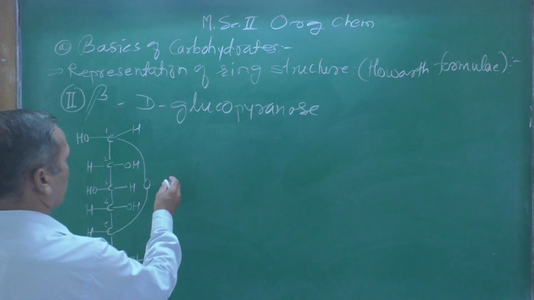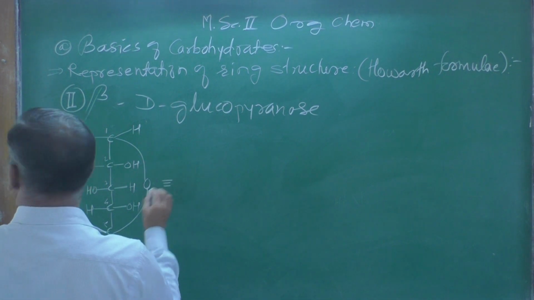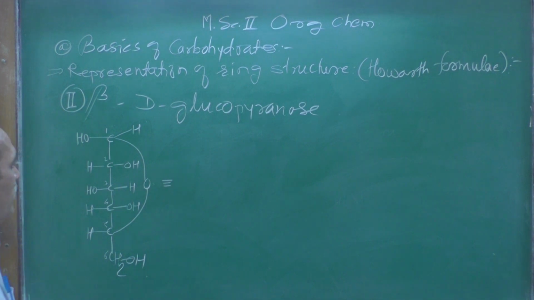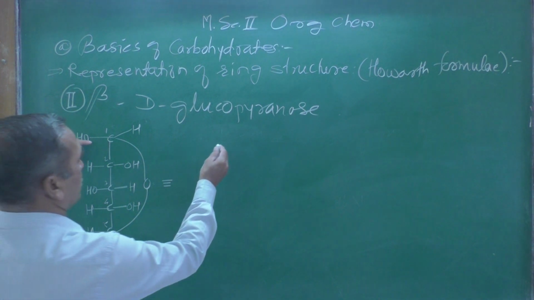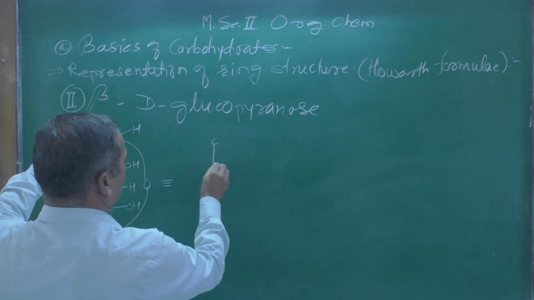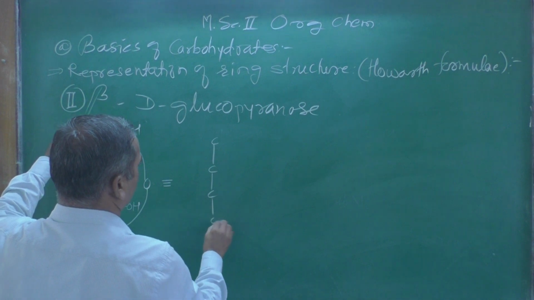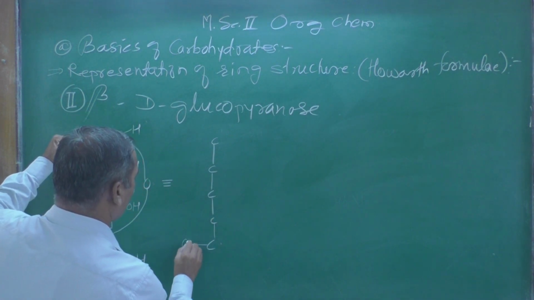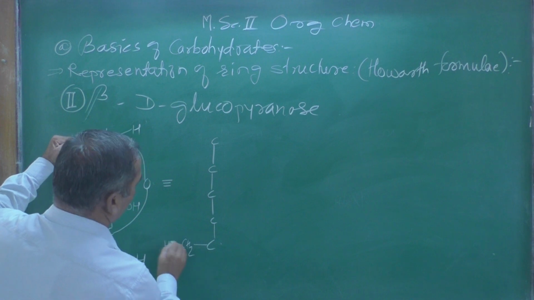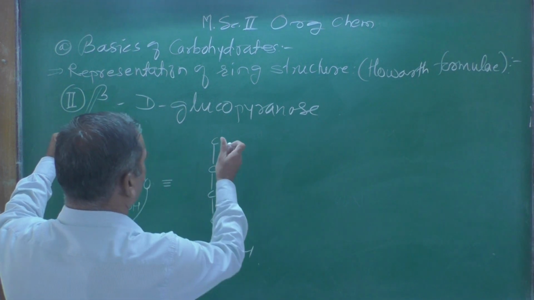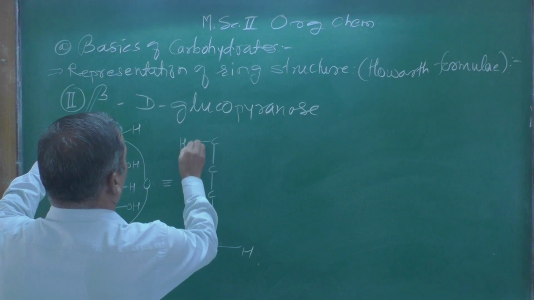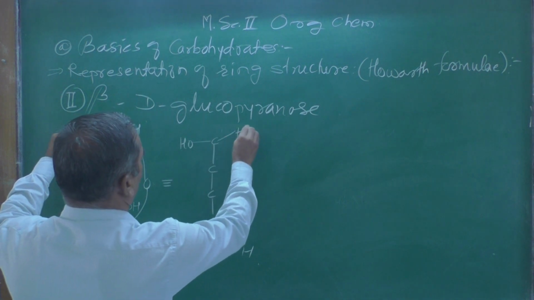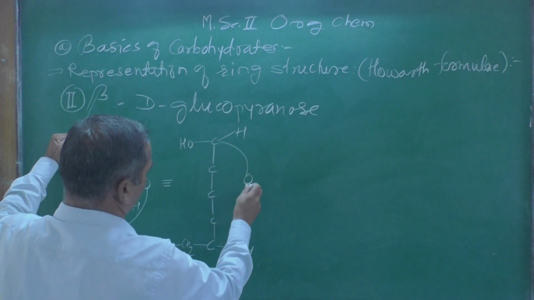For more convenient representation, we can write the 6 carbon atoms: 5 carbon atoms here, and here we can write CH2OH, one hydrogen atom, and at carbon number 1 as it is.